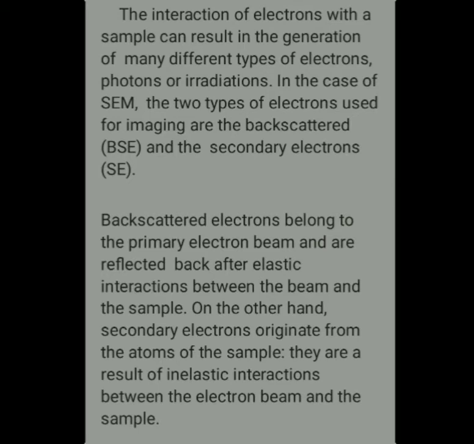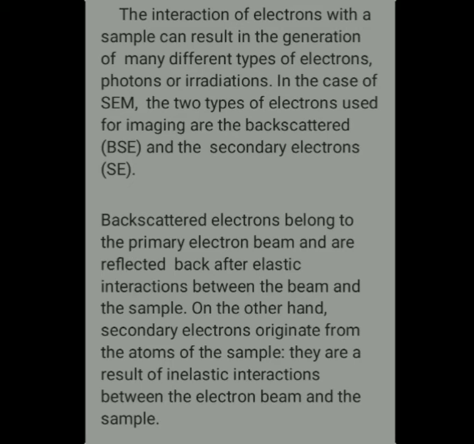Now talking about the formation of the image, the interaction of the electrons with the sample can result in the generation of many different types of electrons, ions, photons or irradiation. In the case of scanning electron microscopy, the two types of electrons used for imaging are the backscattered and secondary electrons.